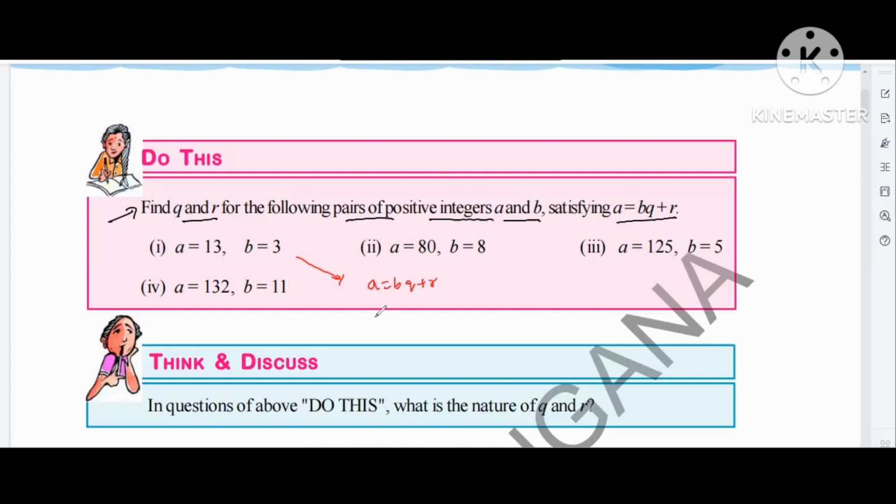Here we are taking a as the dividend and the divisor is 3. 3 into how much? If you take the 3 table, the nearest one: 3 ones are 3, 3 twos are 6, 3 threes are 9, 3 fours are 12. And how much remaining? 1. So 3 fours are 12 plus 1.